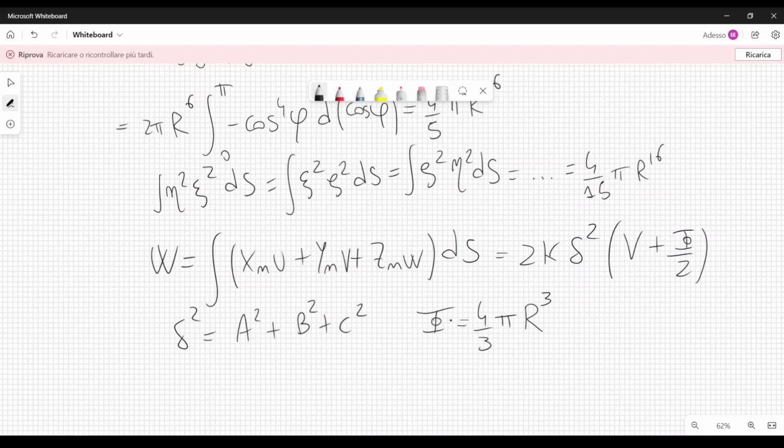So we have r, not r prime, and then V is the volume of the sphere with radius r prime, so 4 over 3 pi r prime cubed. And V is much larger than phi because r prime is much larger than r.